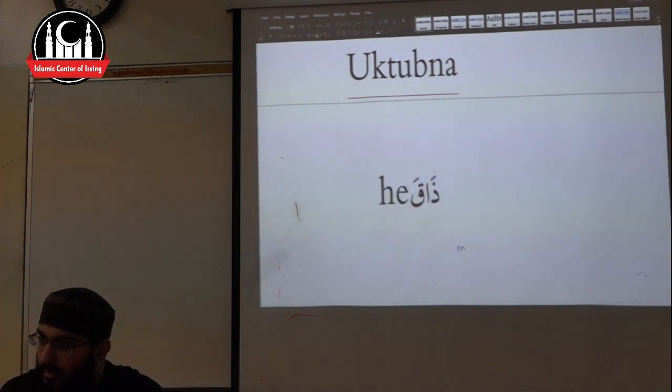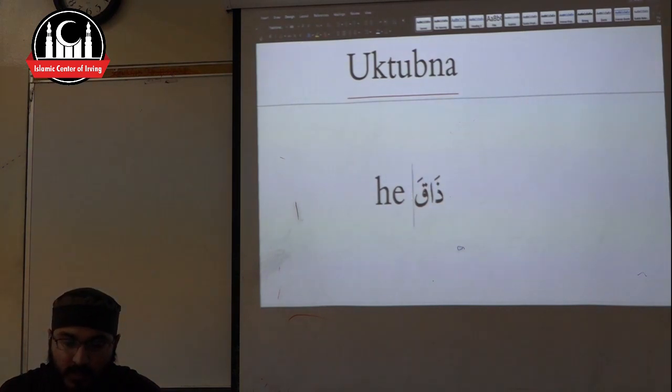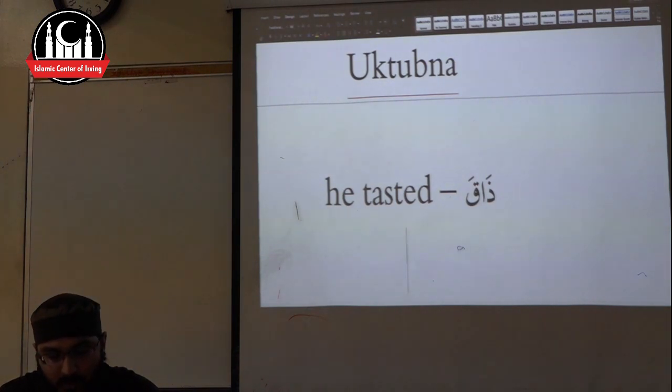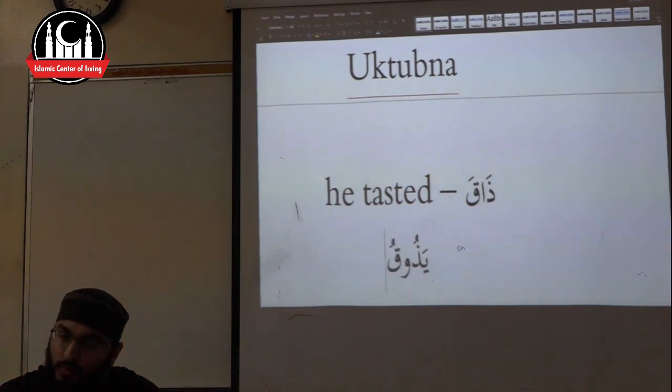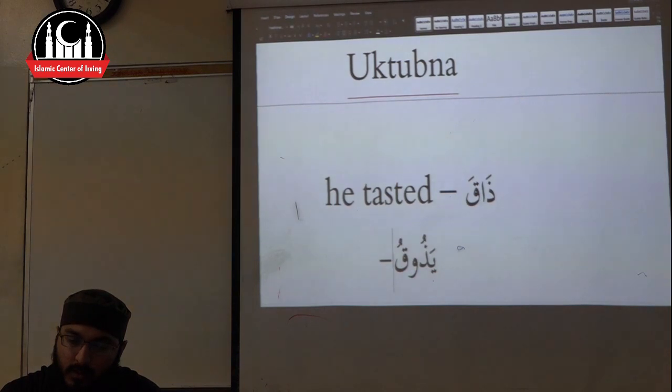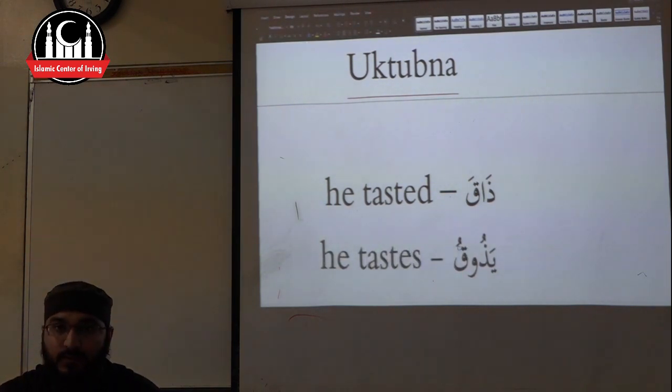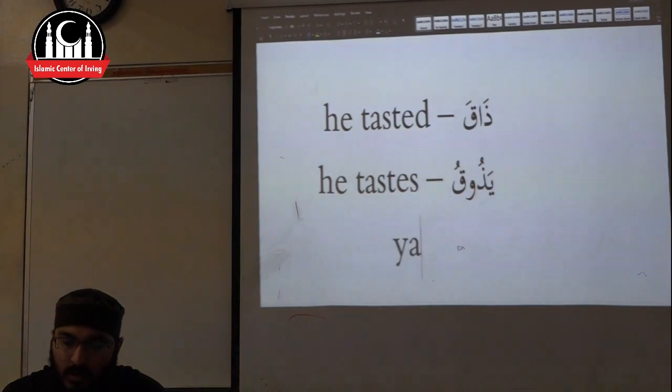It's in the root form, so it means he tasted. In the present form, it would be yaduqu, which means he tastes. He tastes food. Yaduqu ta'am.